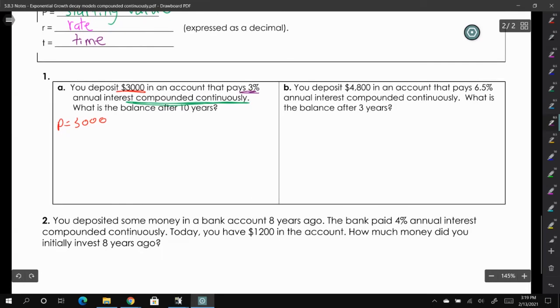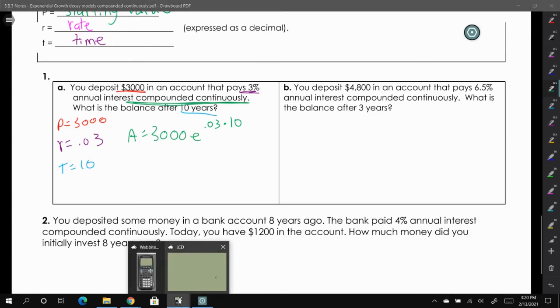Our interest rate is 3% or 0.03. Our time is 10 years. So we would plug in these values to the formula, and we would get A equals 3,000 times E raised to the 0.03 times 10 power.